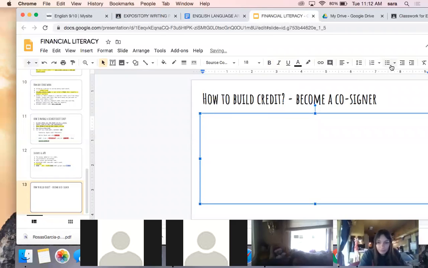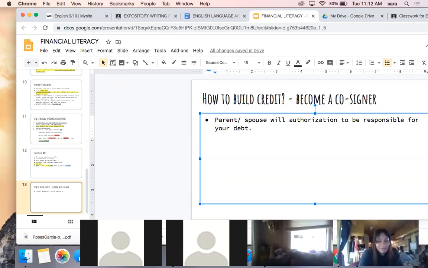Okay, what does becoming a co-signer mean? Well, some of your parents have credit cards already. So what they'll do when you're older or when you're 18 is a parent or a spouse, so if you want to marry at 18, have at it, but a parent or a spouse will give authorization to be responsible for your debt.